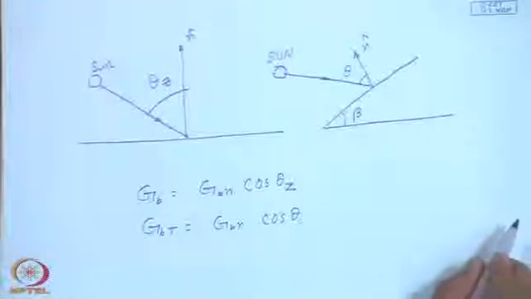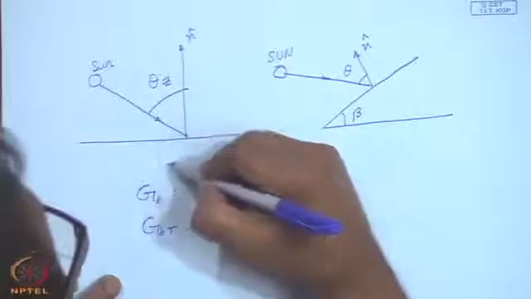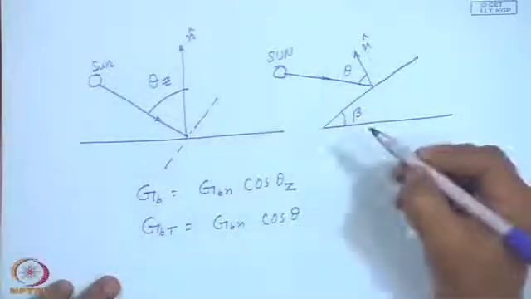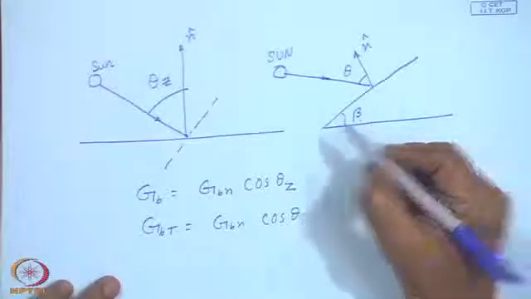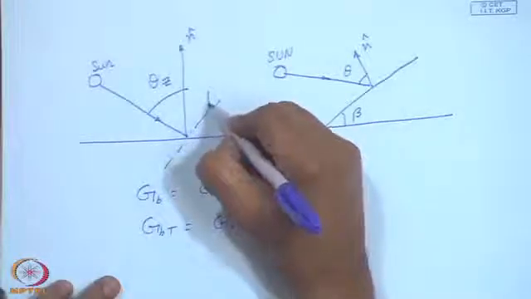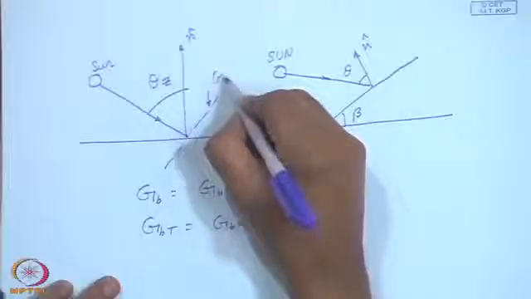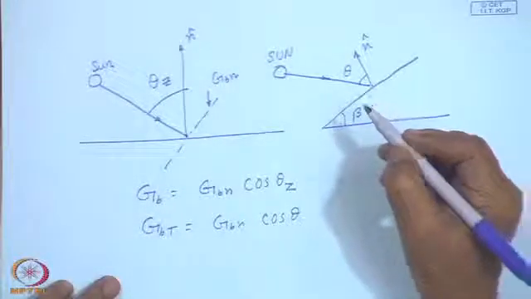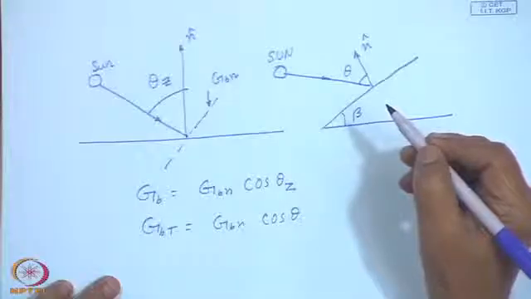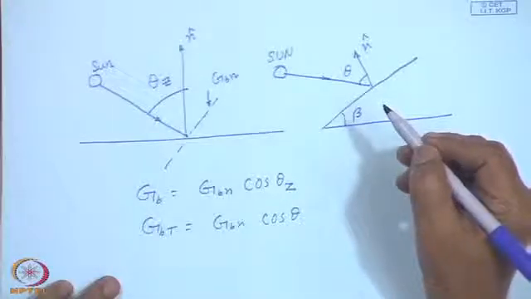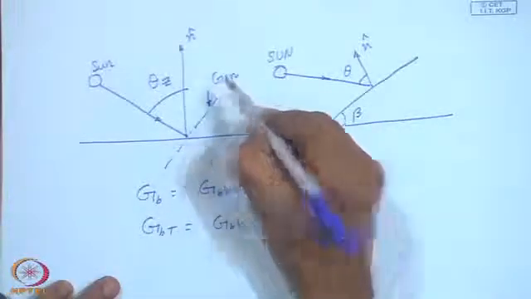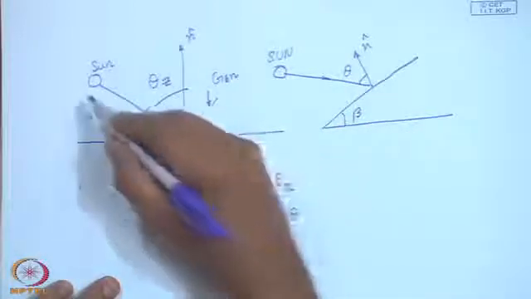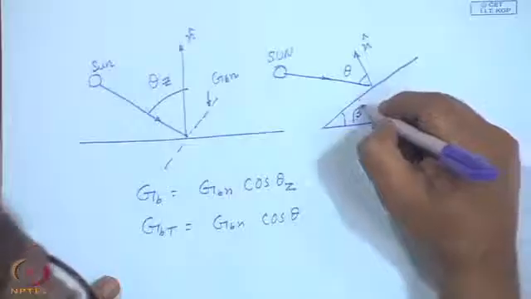So, what I shall do is, if I draw a plane perpendicular to the sun's ray, this is G B n, right, according to our notion. G O n was the corresponding extraterrestrial value. Now, I will call it G B n, the terrestrial value of the direct radiation normal to the sun's ray.